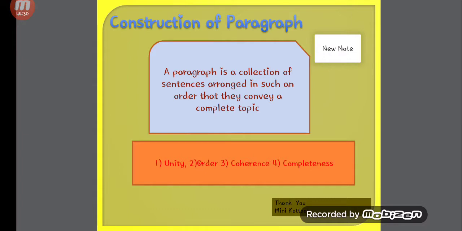The topic sentence sums up all of the paragraph and ties it all together. That is the unity of the paragraph. A paragraph should have an order: chronological, the order of the events or time order.